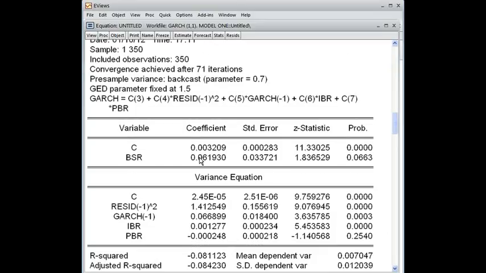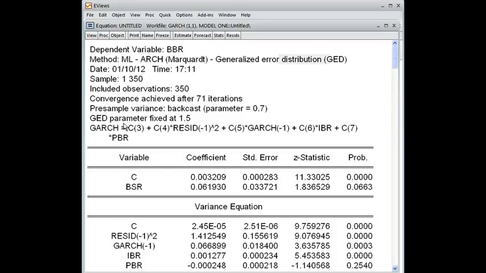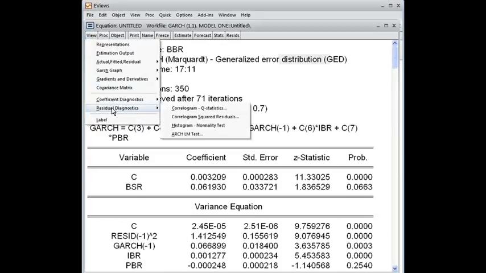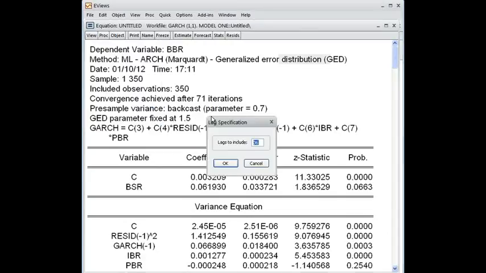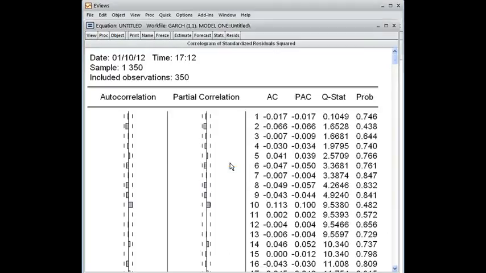First, I check whether this model has serial correlation or not. I go to View as before, Residual Diagnostics, then correlogram, squared residuals. I click here, and 36 as before.